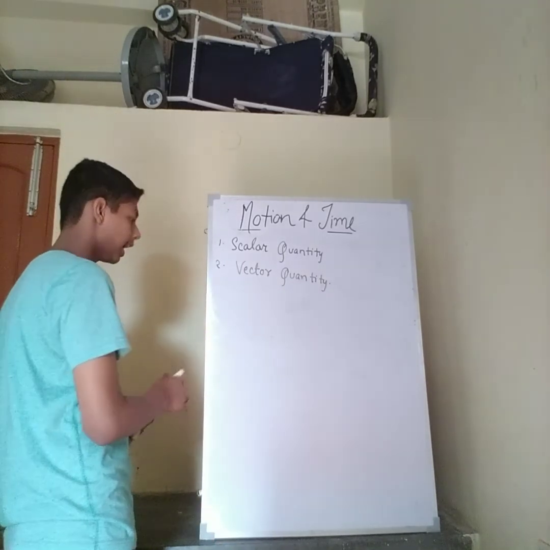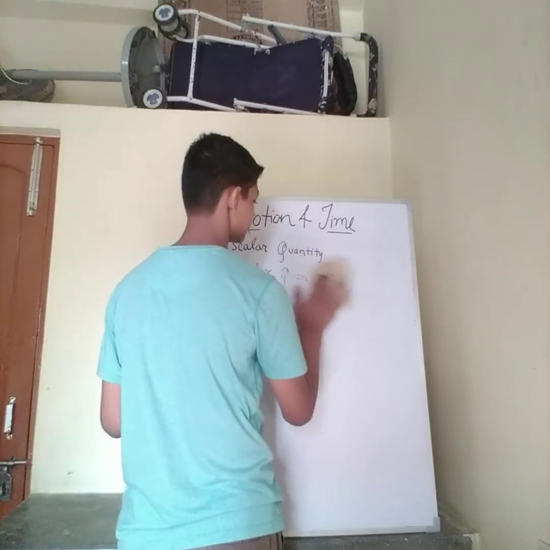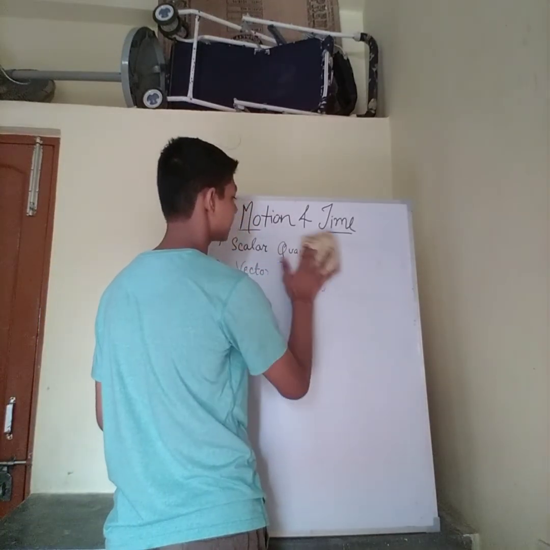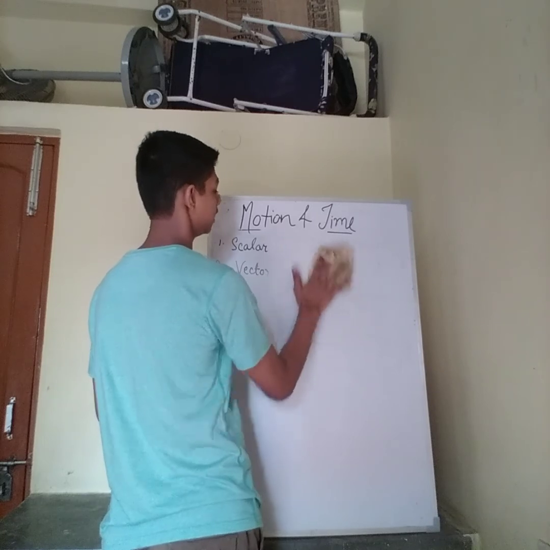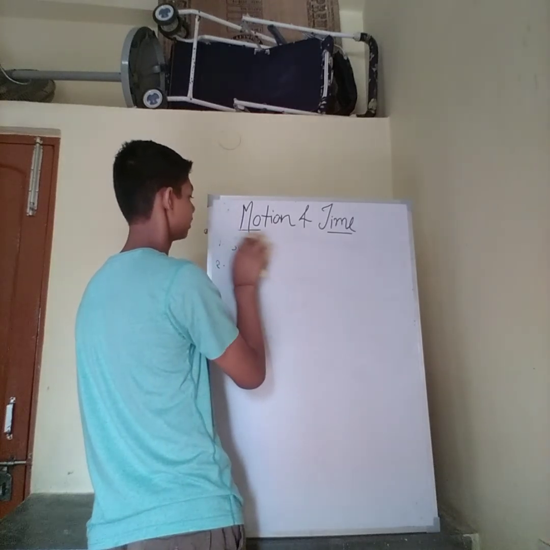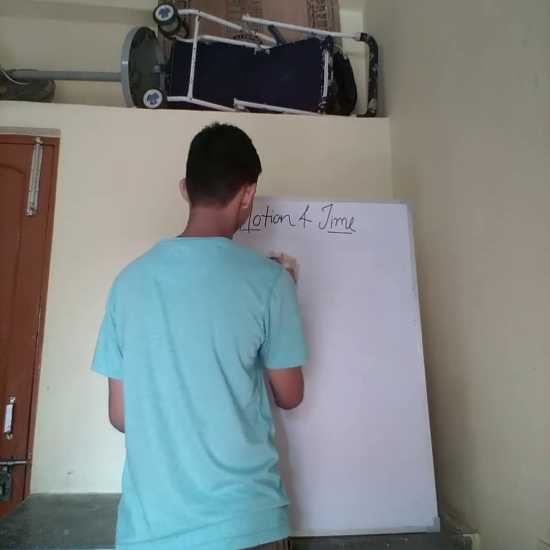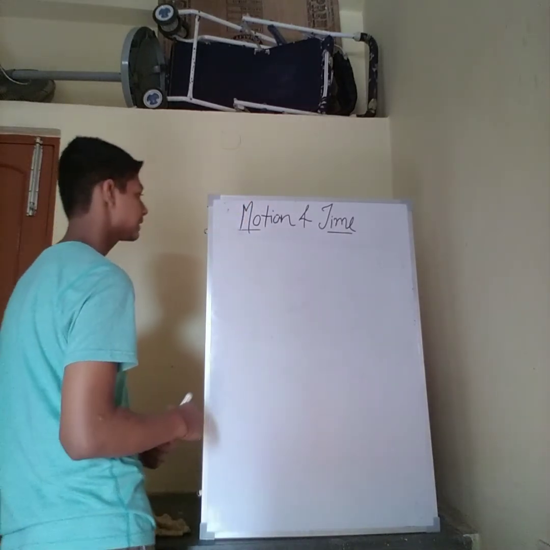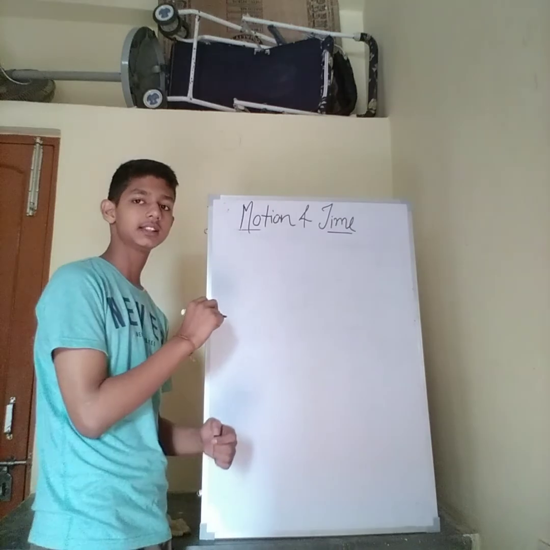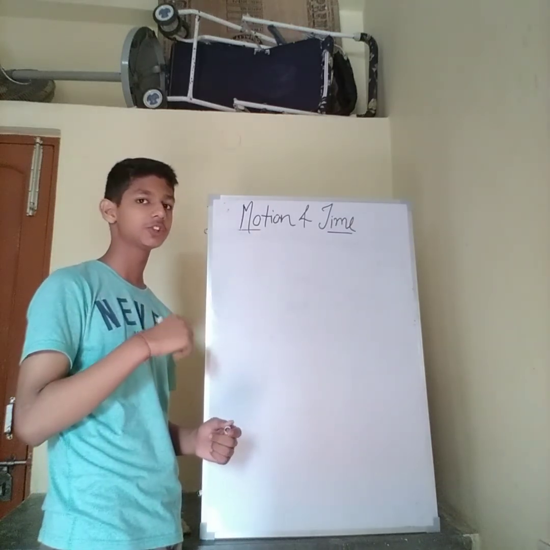Now we have understood the terms physical quantity, scalar quantity, and vector quantity. We will describe here distance traversed and displacement. As I had said, distance is a scalar quantity and displacement is a vector quantity.